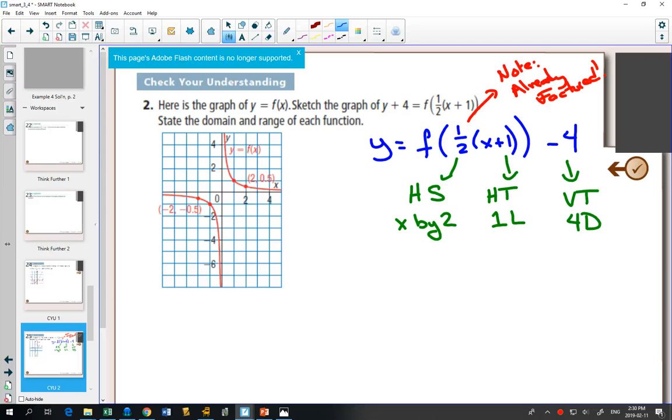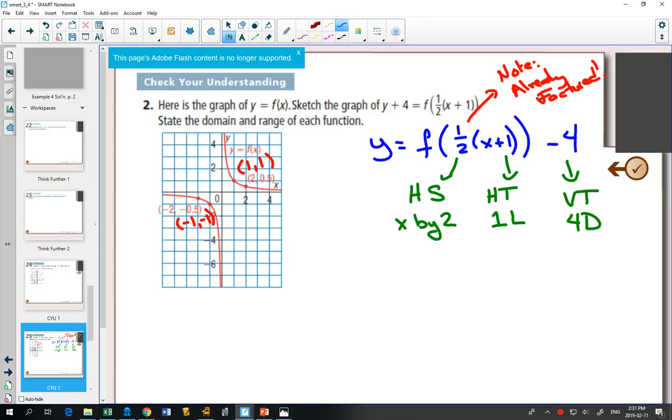the transformations. What we're going to do is we're going to look at our transformations for a couple of points. I know that they've labeled 2, 0.5, but can you see that you also have 1, 1 and -1, -1? Those seem to be even nicer values to work with.